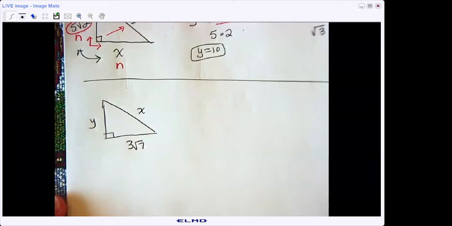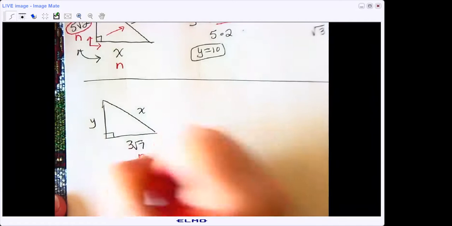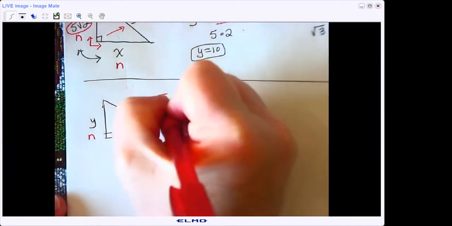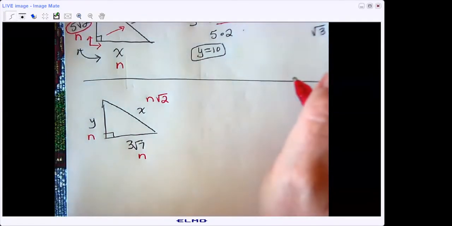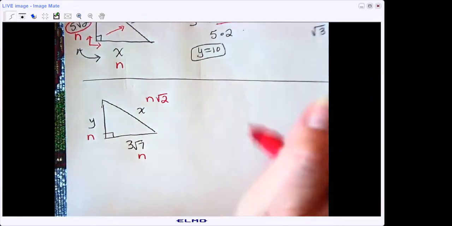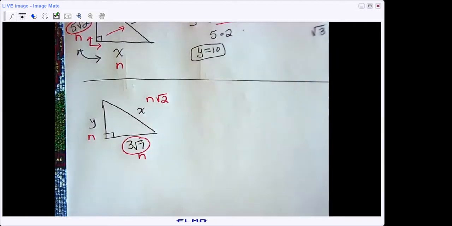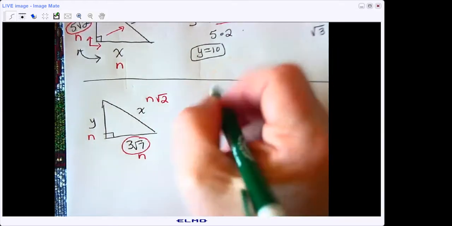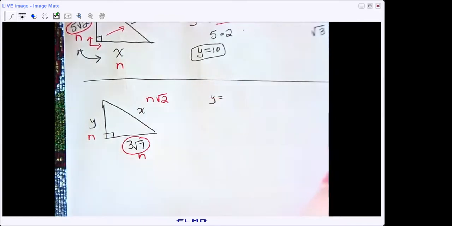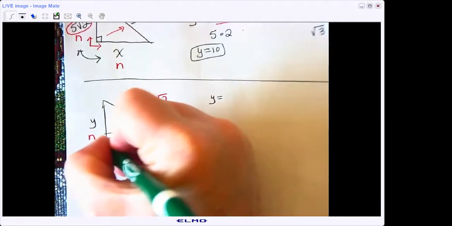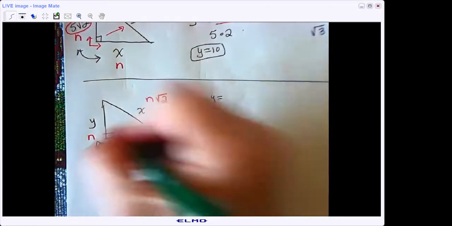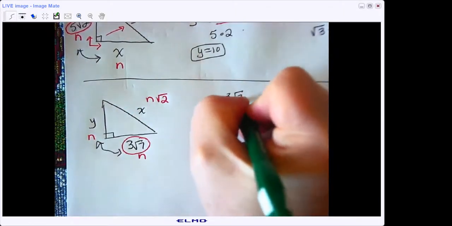We need to label it. That's my trick question. Then root 2, label. Okay, so we identify our n as 3 root 7. What does that make y? The same thing, good, because these are equal. So y is also 3 root 7.